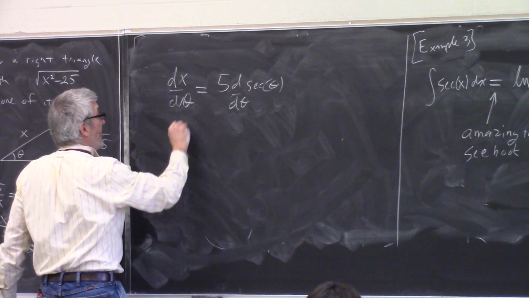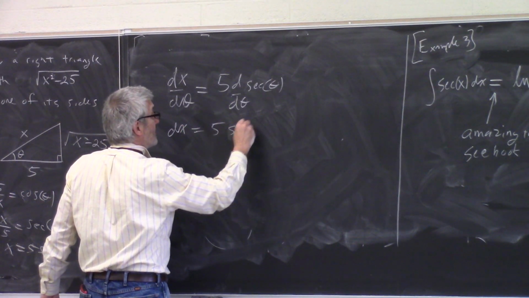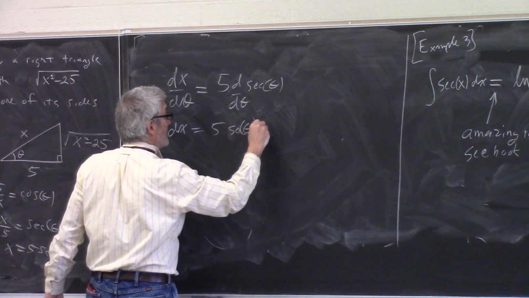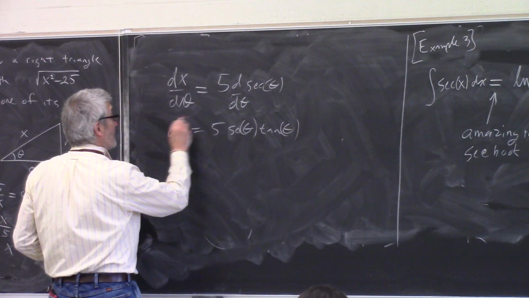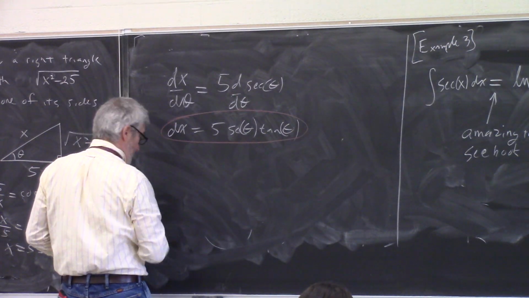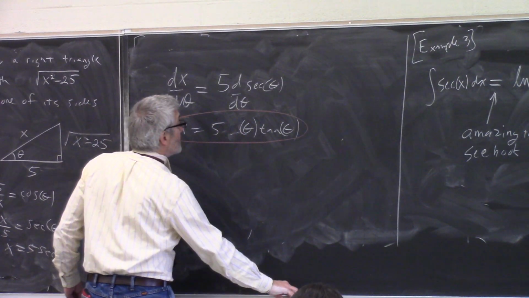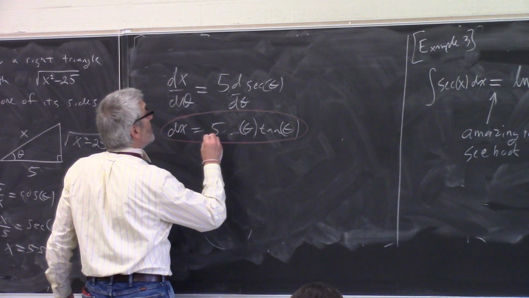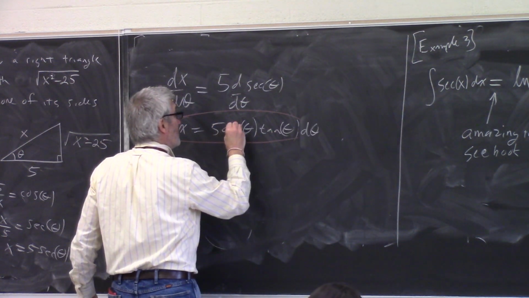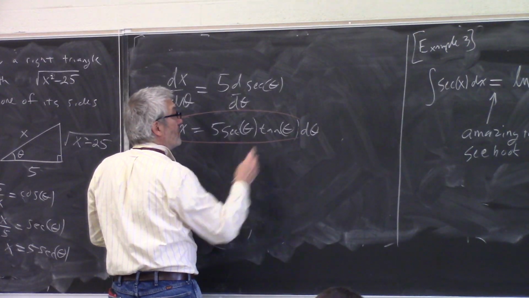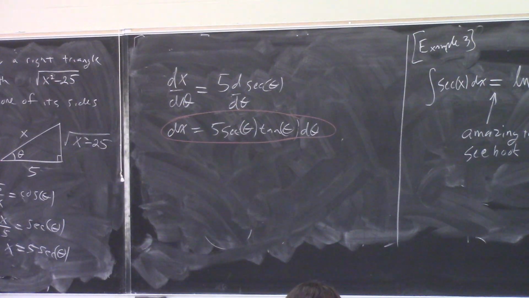So in other words, dx equals 5 times secant theta tan theta d theta. So there's my new version of dx. That's what's going to go in place of that dx.